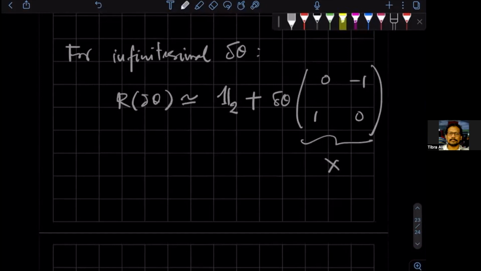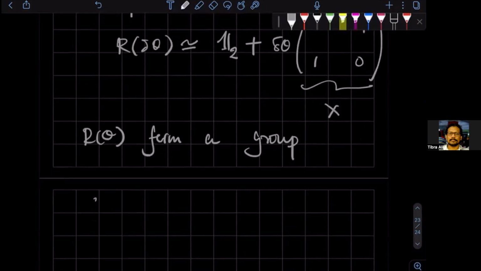So, R of theta form a group known as SO2, okay?